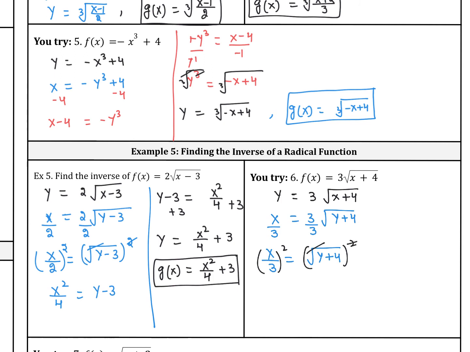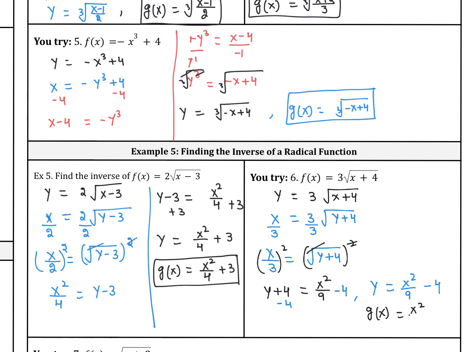You got y plus 4 equals x squared over 9. And then you're going to subtract 4. You got here y equals x squared over 9 minus 4. And then the last step you're going to do is just replace the y with g(x).